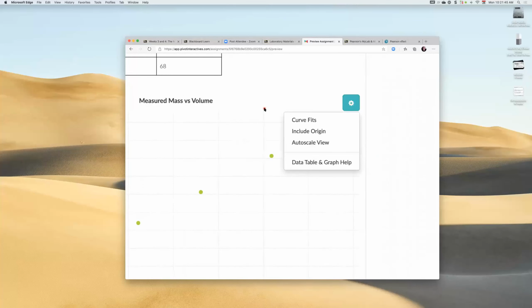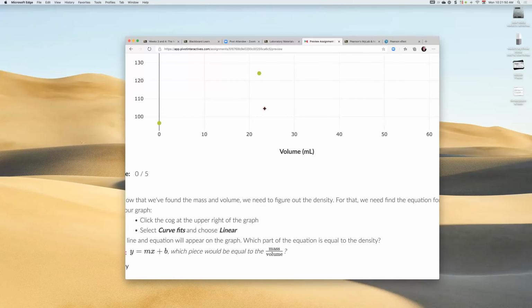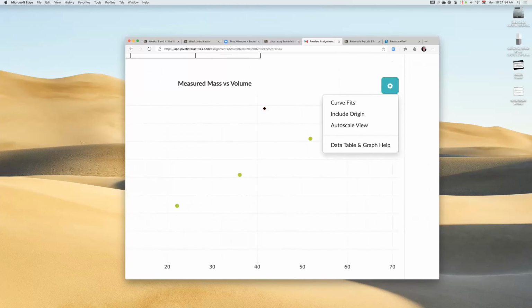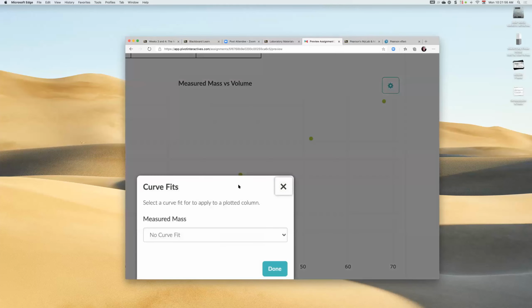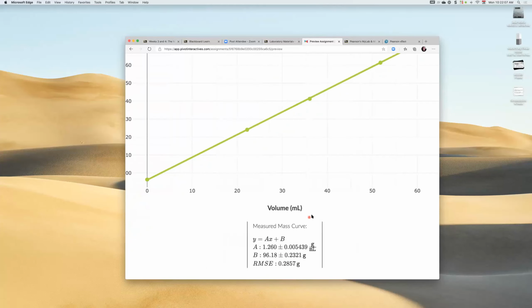And then what are we supposed to do with that? Select curve fits and choose linear. So we're going to do that choice. Yes. And say done. Okay. So as we predicted, it's a straight line.